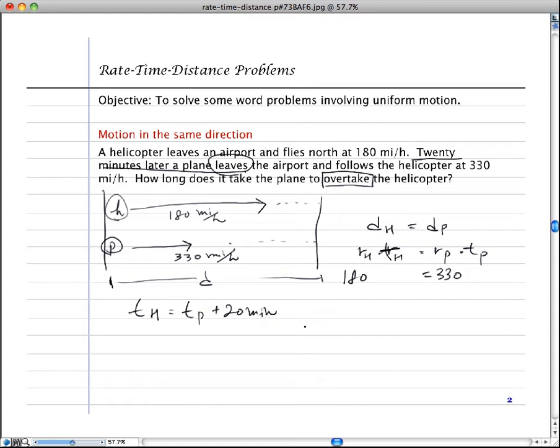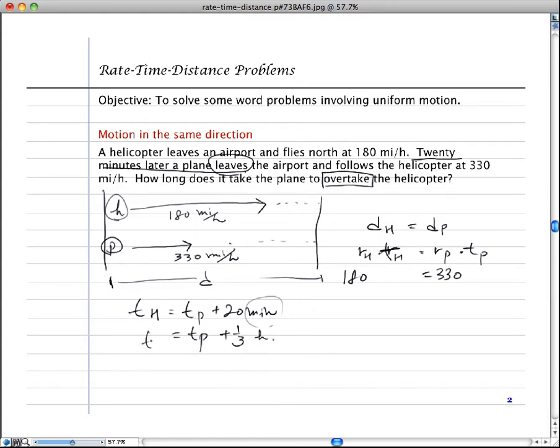Now herein lies a major issue with most students: the speed is in terms of miles per hour. The units have to line up, so we have to convert the minutes into hours. So this is actually 1/3 of an hour.